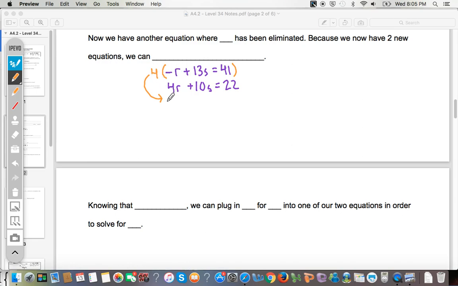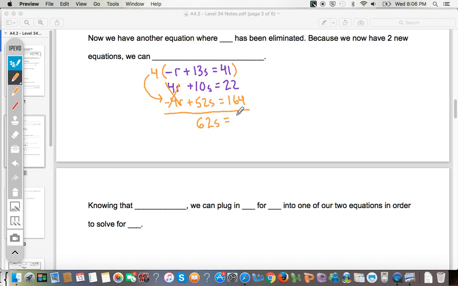So 4 times negative r is negative 4r. 4 times 13 is a positive 52s. Of course, I have my s. And 4 times 41 equals 164. Okay, so now I'm going to combine. So 4r minus 4r, that cancels. 10s plus 52s would be 62s.